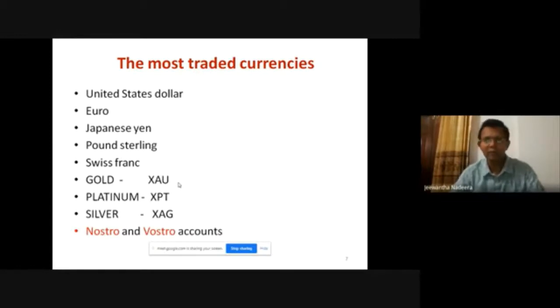So basically our account with them, my bank's account with them, we call it nostro. Our account with them, that is nostro. Their account with us, that is vostro.